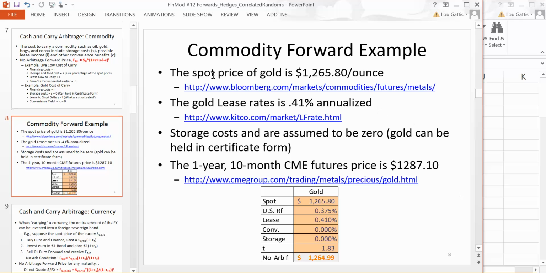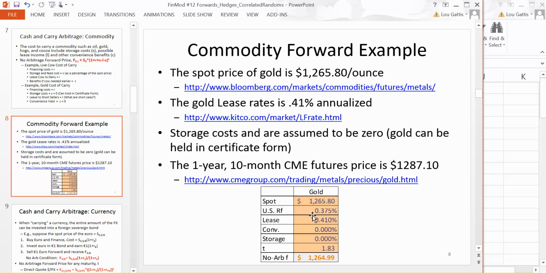If you were to Google lease rates for gold, as I did last year, I found that the current market yield was about 41 basis points to lease gold. At the time, the gold spot price was $12.65. So there's my spot, there's my lease rate. I'm going to assume I was looking at 1.8 year forward prices on gold, almost a 2-year gold forward price.